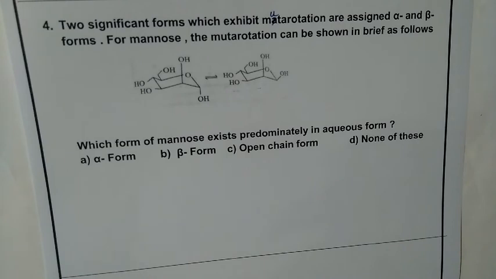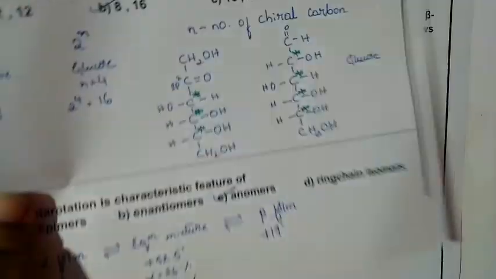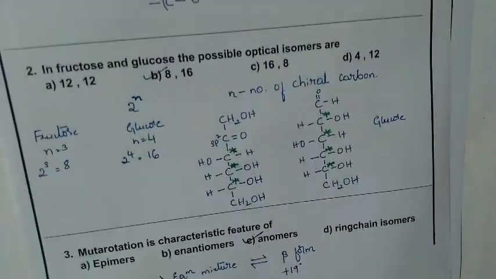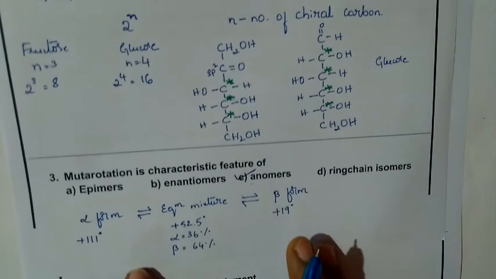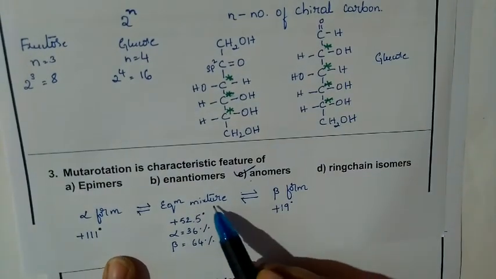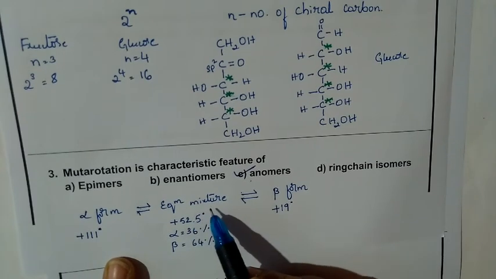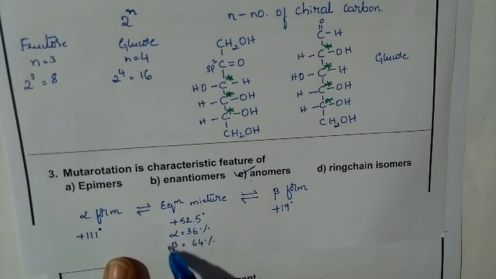Mutarotation, just now we have studied, gives an equilibrium mixture, as you can observe from our last class. It is glucose I have written, and it is going to form an equilibrium mixture. In this equilibrium mixture, which form is more, they are asking.